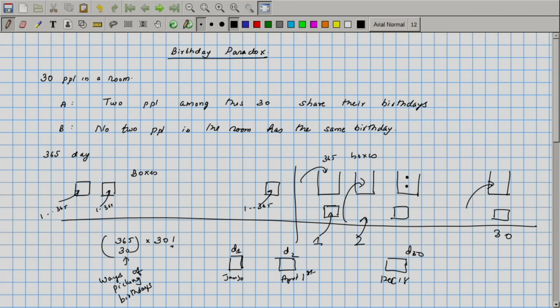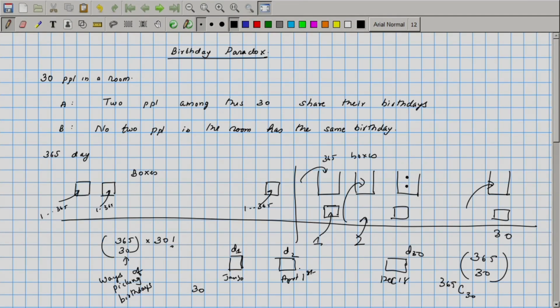These 30 days could be chosen in 365 choose 30 different ways. And once these days have been picked, who gets assigned Jan 30th as birthday? That can be decided in 30 ways. Who gets assigned April 1st as the birthday? That can be decided in 29 ways. So, there are 30 factorial ways of assigning birthdays to people.